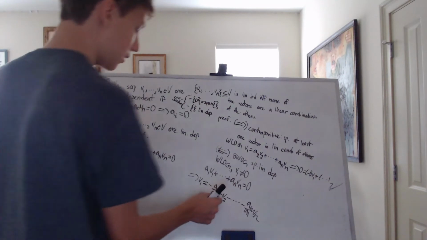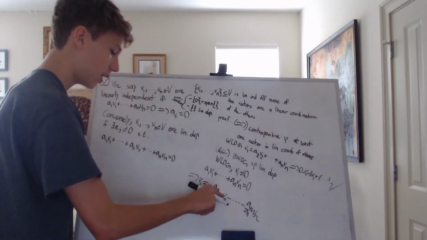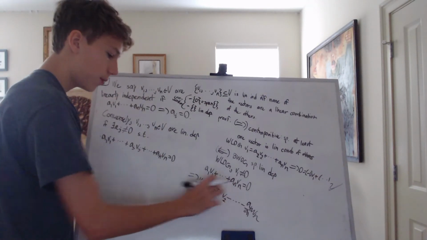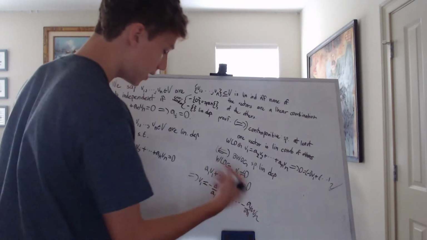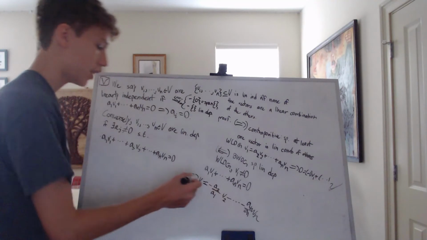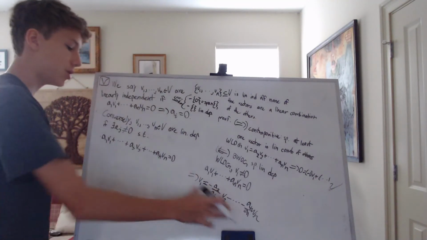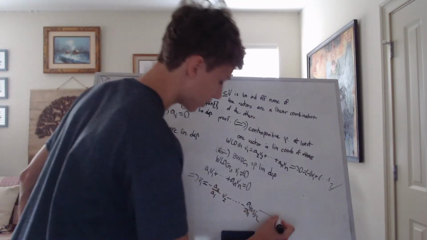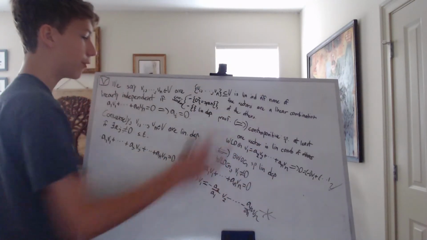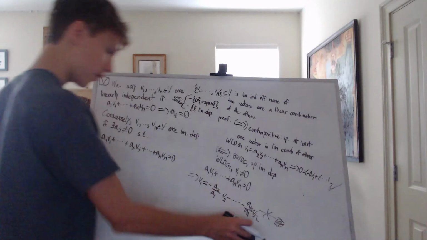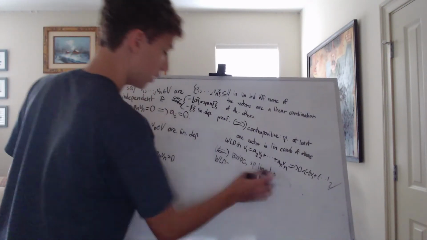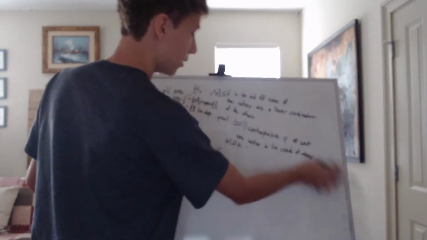These are still numbers inside our field F, and so this is indeed a valid linear combination. We've written one of the vectors as a linear combination of the others, and so that is our desired contradiction, since we assumed that none of the vectors are linear combinations of the others. So QED for that.